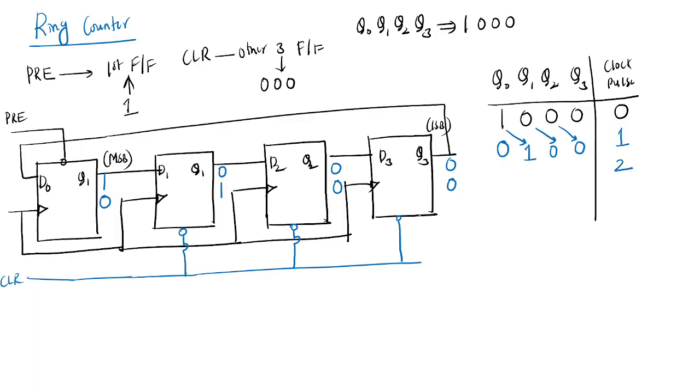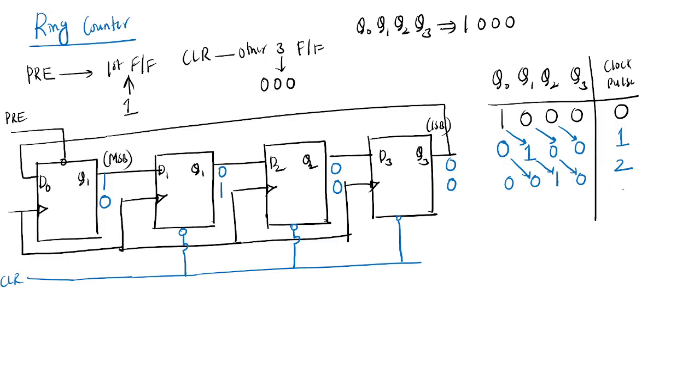The 1 will shift to D2, and a zero will come in. So you will get 0, 0, 1, 0.